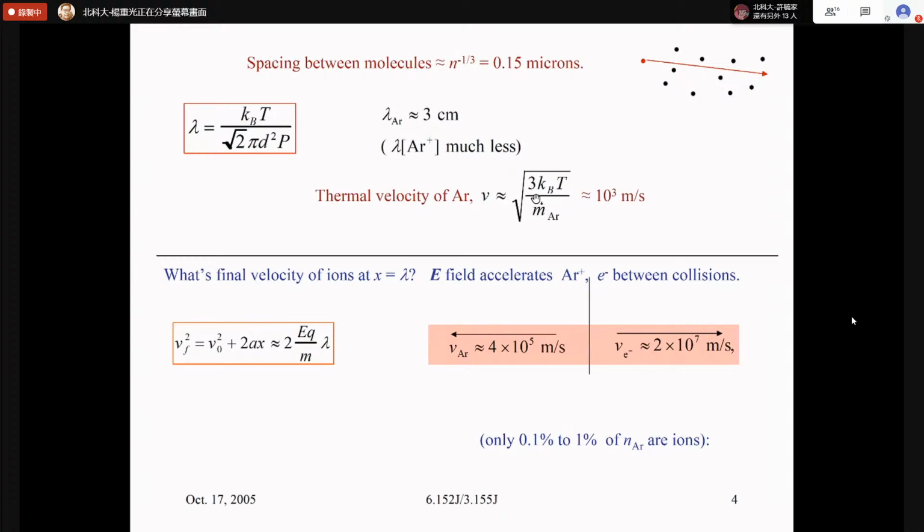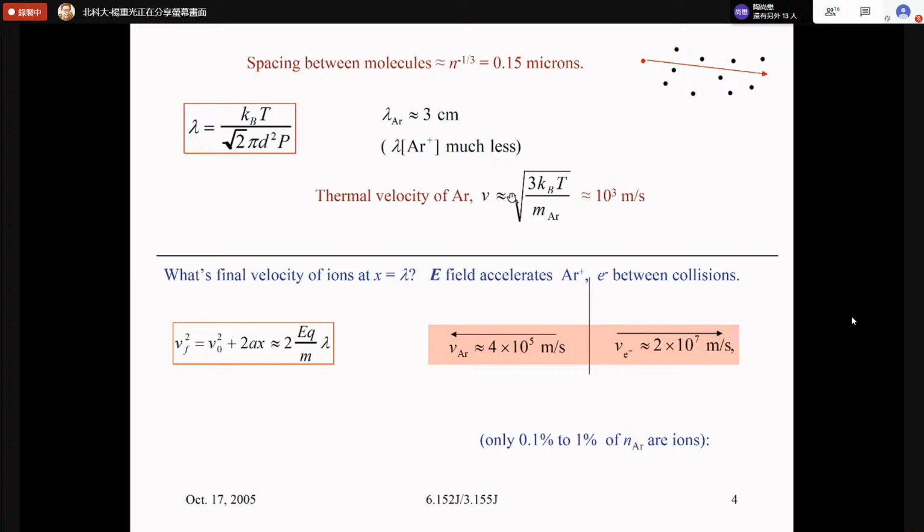Thermal velocity is the square root of 3 kBT divided by m. You will see it is almost 10,000 meters per second, or you can say 1 kilometer per second.